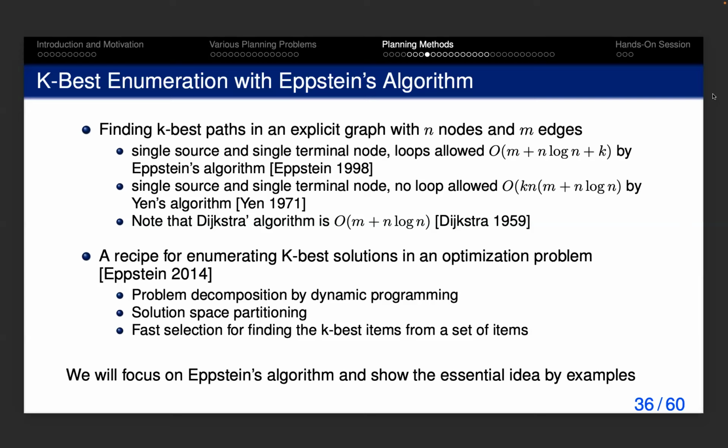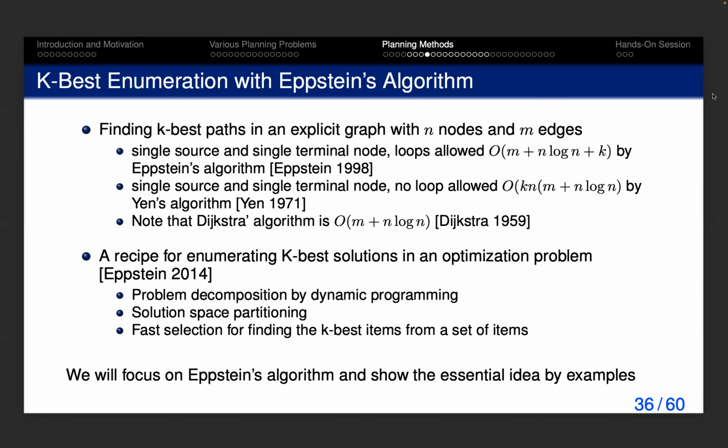Then the complexity is m plus n log n plus k. Compared with Dijkstra for finding only one optimal path, the difference is O of k. It's not constant, but it's kind of a constant-time overhead, one per plan. So if you are finding a million plans, then the overhead is going to be big O of 1 million, which is very nice.